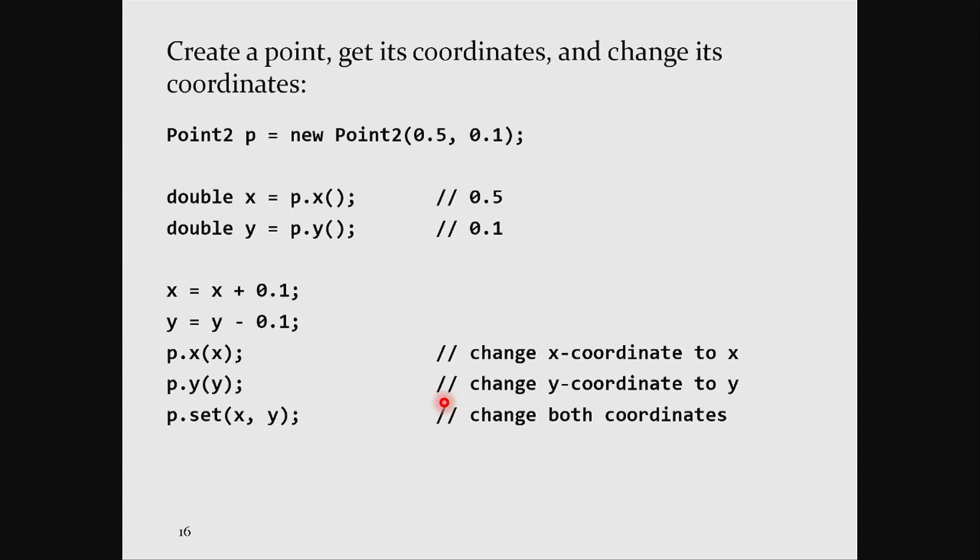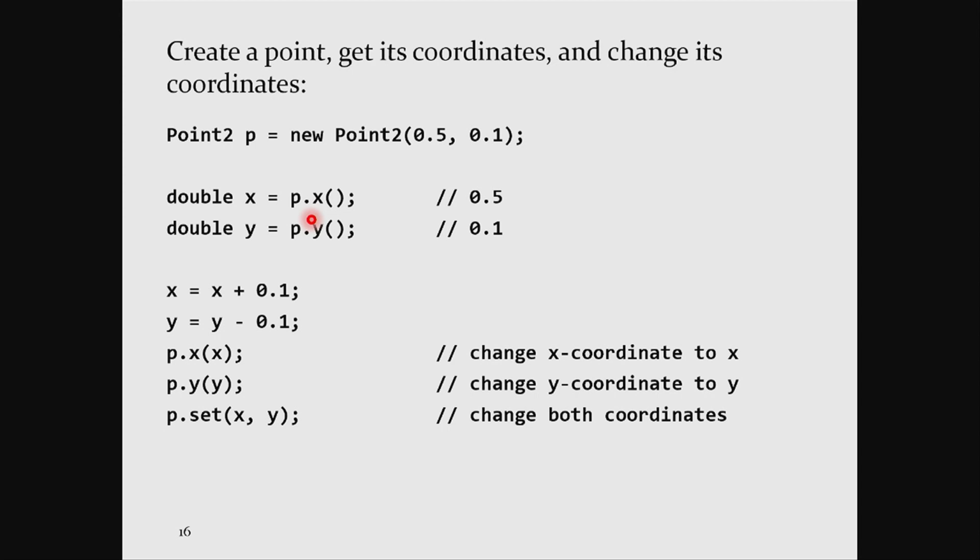Right, so here's a little example. I'm going to make a point, get its coordinates, then change its coordinates. Here's my point. I make the point 0.5, 0.1. When I write p.x(), I'm asking the point for its x coordinate.